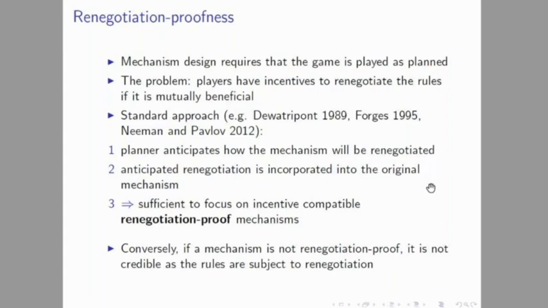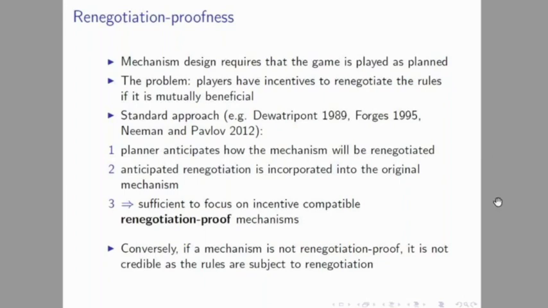This was the question analyzed by, for example, these contributions, others as well, and this criterion was coined in this literature as renegotiation proofness. So let me rephrase what renegotiation proofness means.